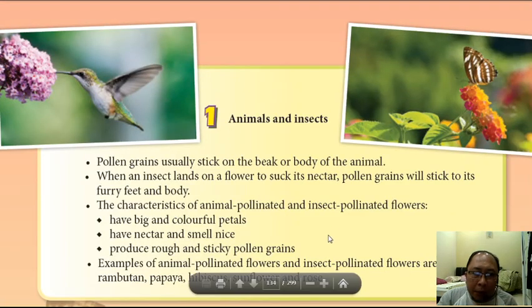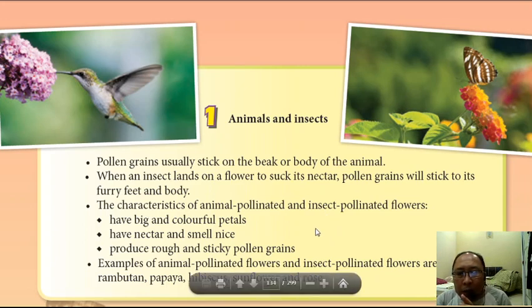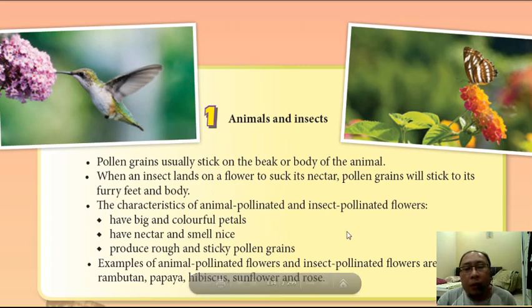So for example, if the pollinating agent is an animal or insect, so the flower will suit the animal and insect, making it easiest for the animal and insect to do the process of pollination.